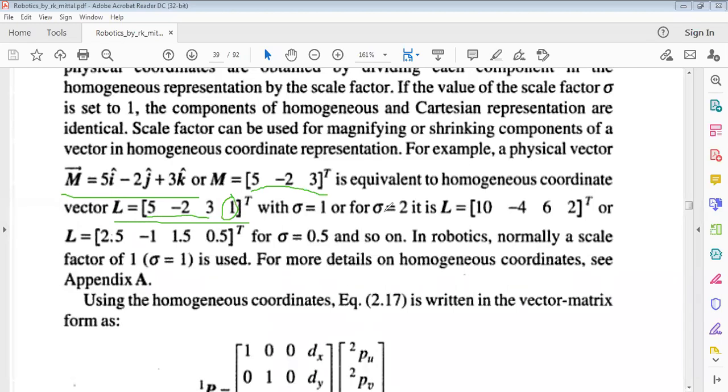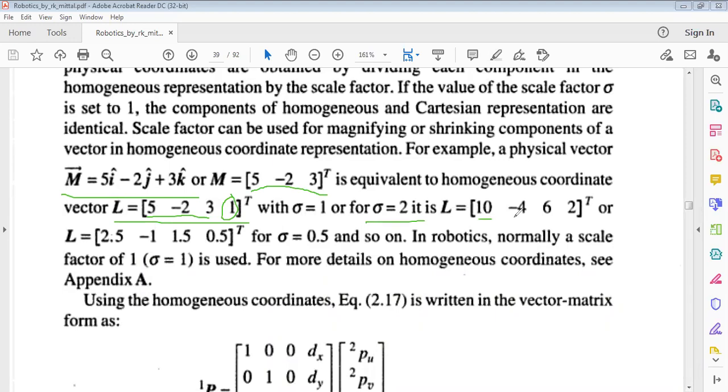If the scale factor is 2, the components of Cartesian and homogeneous coordinates are magnified 2 times. For example, 5 into 2 is 10, the first component.